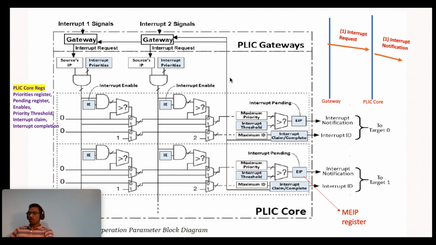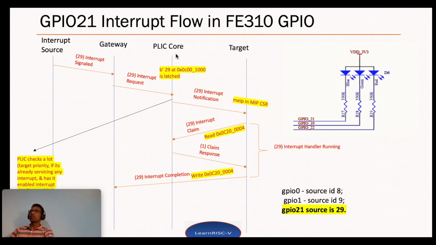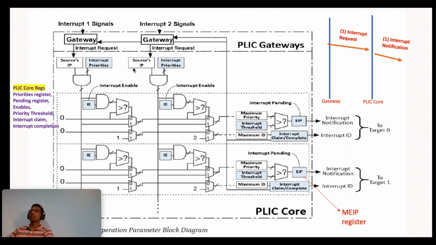Going back to the picture, for PLIC to do all this, PLIC needs a set of registers. Let's see what is needed for that. First, the PLIC core allows interrupt priorities to be assigned to each interrupt source.